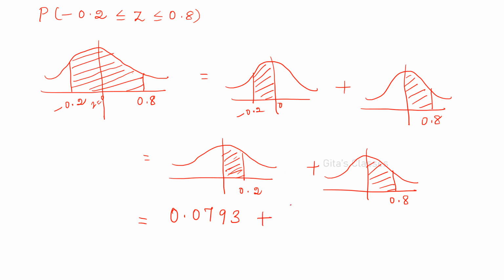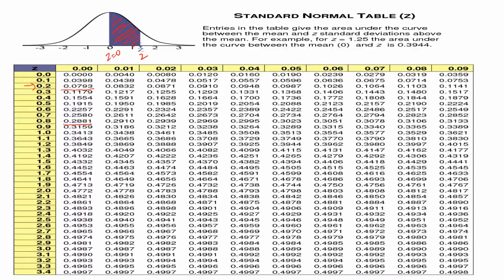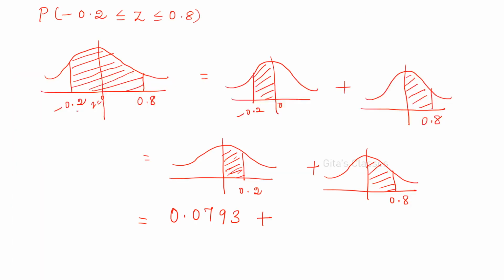Plus 0.80 means 0.2881. Okay, 0.80, so 0.2881. This is the value.